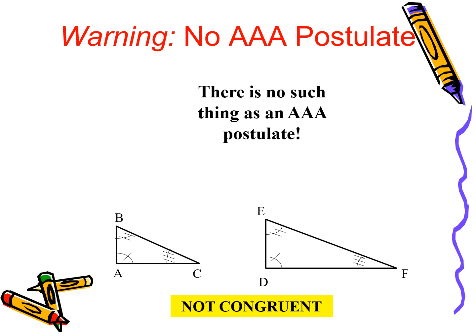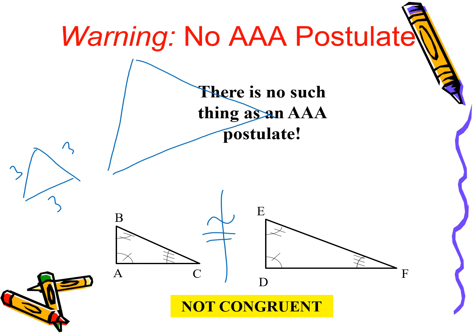If you prove that all three corresponding angles are equal in two triangles, we cannot claim that they are congruent. Remember, that type of figure is similar, but they are not congruent. For example, we can draw an equilateral triangle measuring 3 units and another equilateral triangle measuring 5 units, but they are similar figures and not congruent.